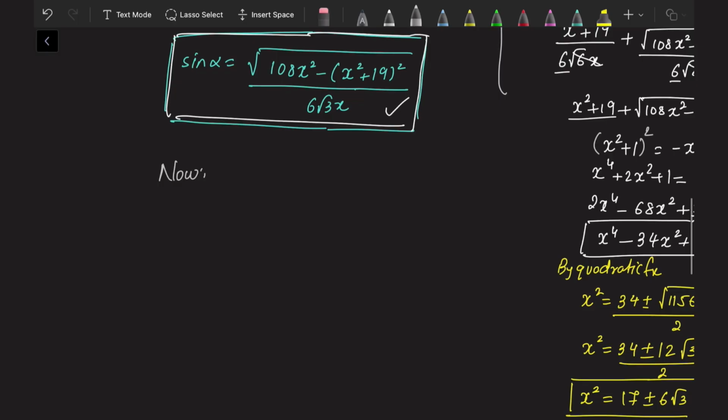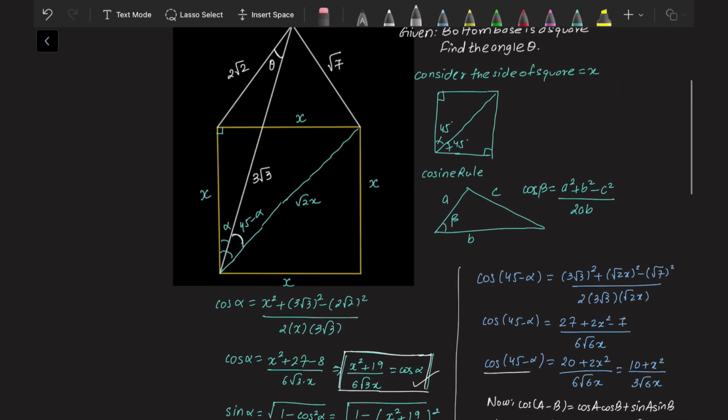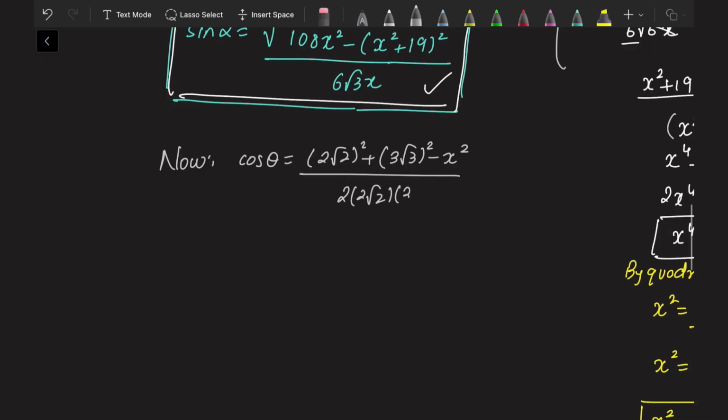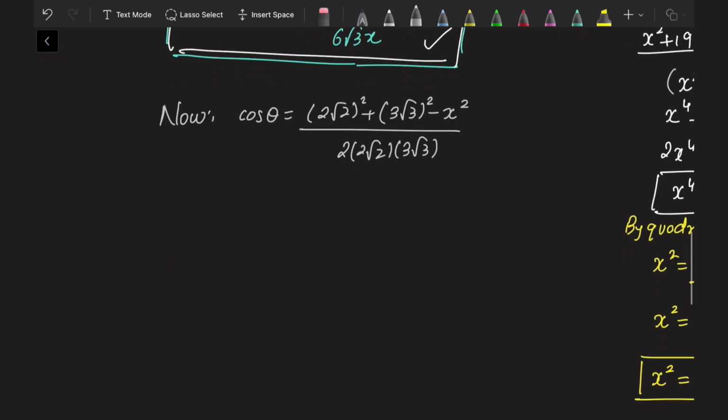So now, as you can see, the angle theta is inscribed over there. So from that perspective, if I apply the cosine rule, what I will get is cos theta equals 2 square root of 2 the whole square plus 3 square root of 3 the whole square minus x square, divided by 2 times 2 square root of 2 and 3 square root of 3.